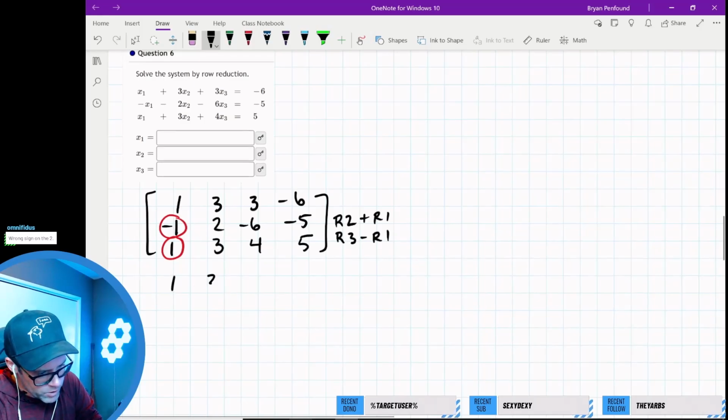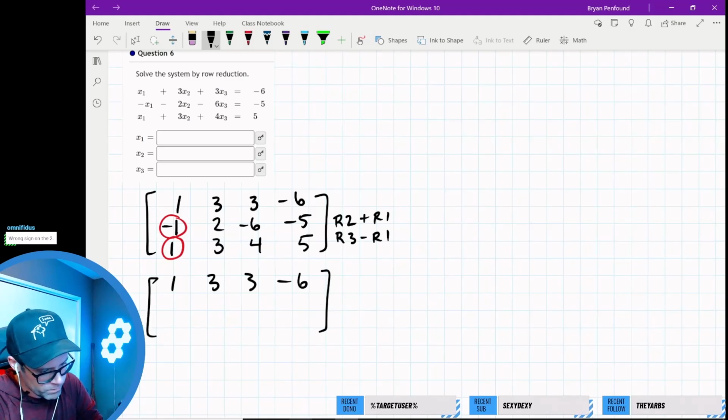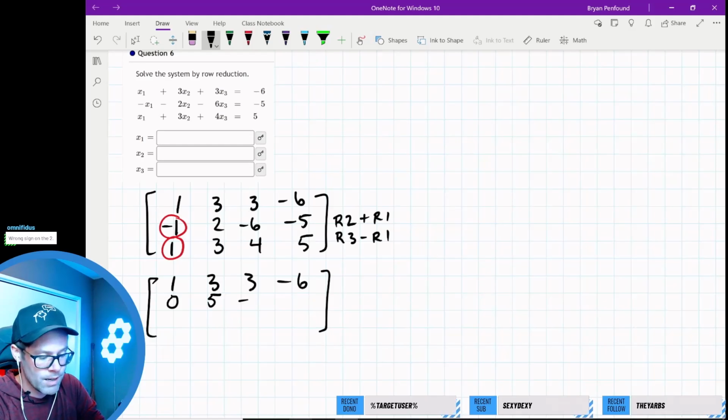Okay, we haven't done anything to row 1, so we can leave that the same. This should become a 0, right? -1 plus 1. We have 2 plus 3, which is 5. -6 plus 3 is -3. And then -5 minus 6 more, so -11.